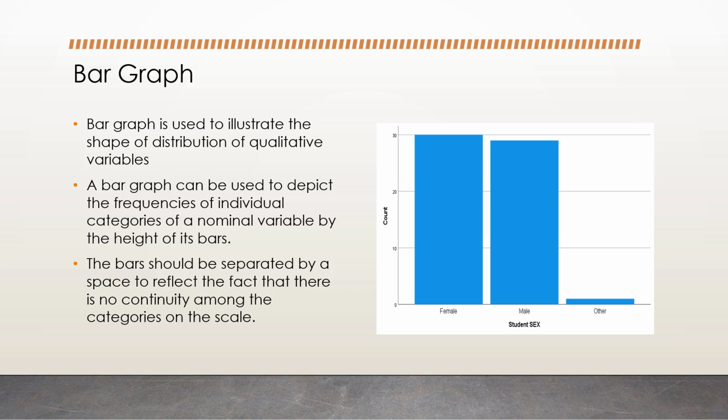Importantly, the bars should be separated by spaces to reflect the lack of continuity among categories. In my example, the 3 bars represent the 3 categories of sex. Their heights show frequencies of 30, 29, and 1 for female, male, and non-binary, respectively.